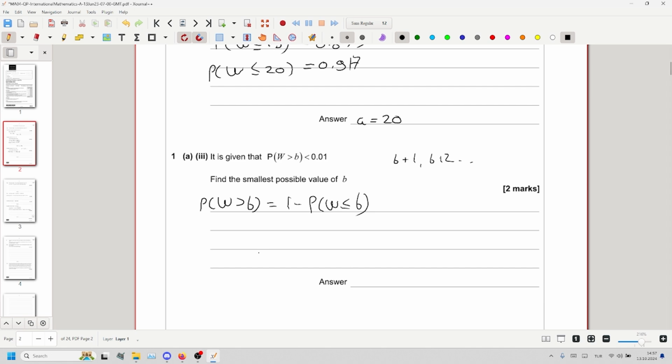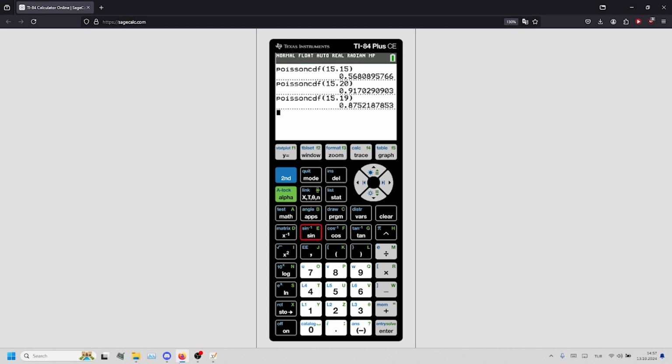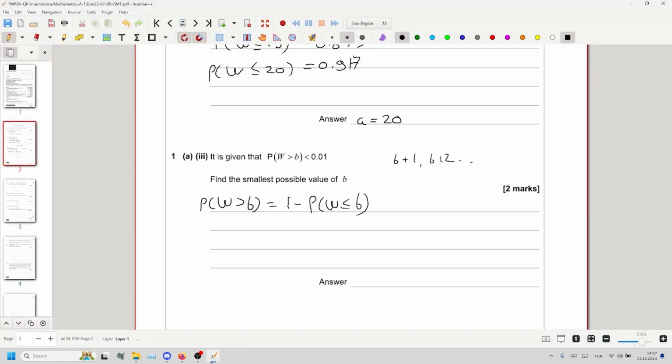So let's say 1 minus the Poisson CDF of, let's test 19 again. Let's see if that's too high or too low. That's 0.124. That is way bigger than 0.01.